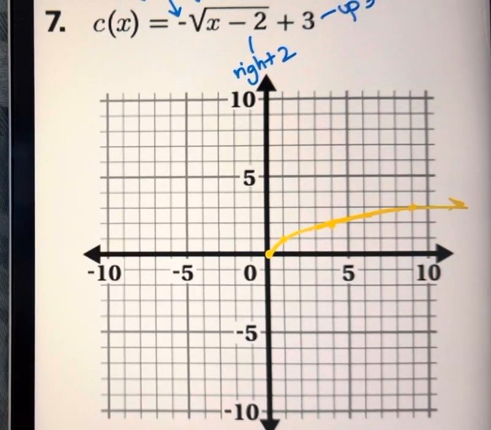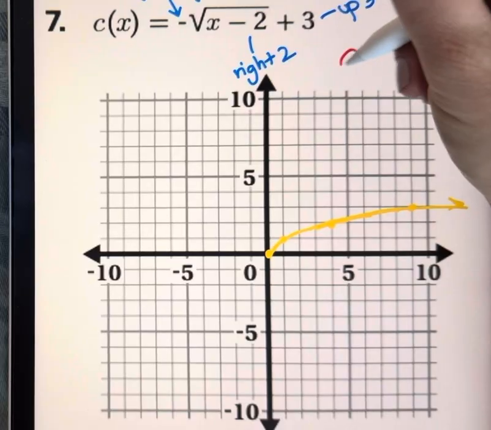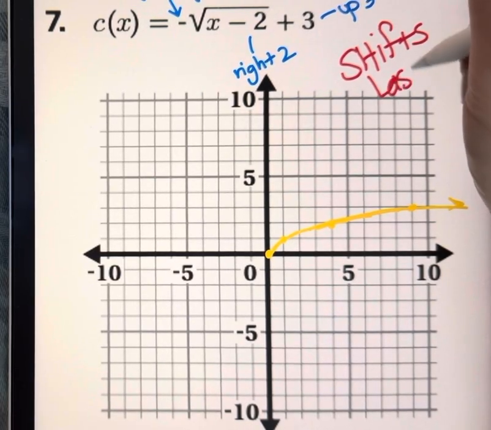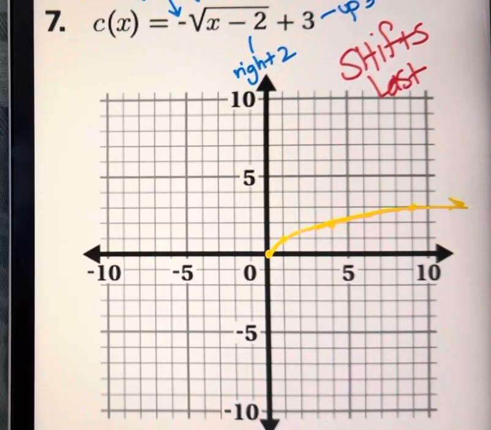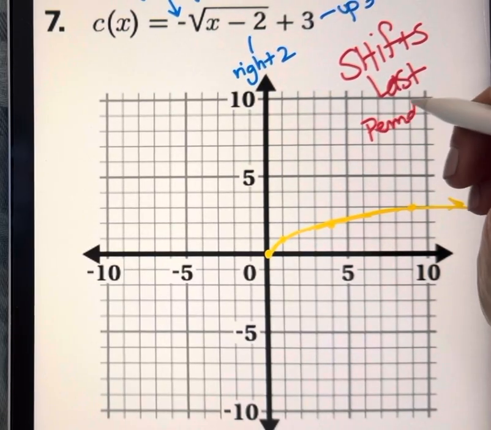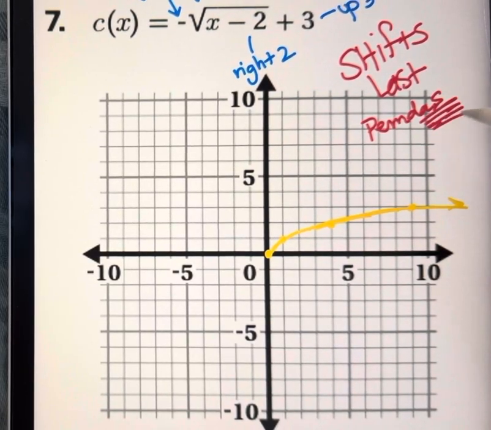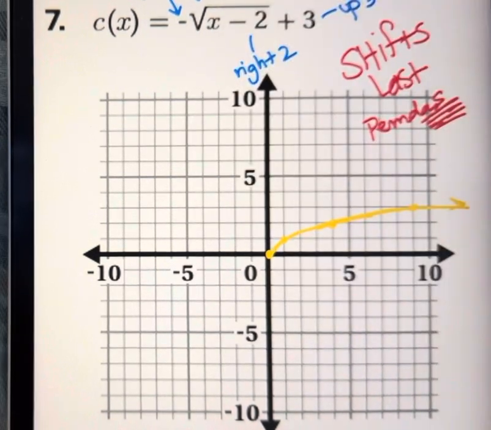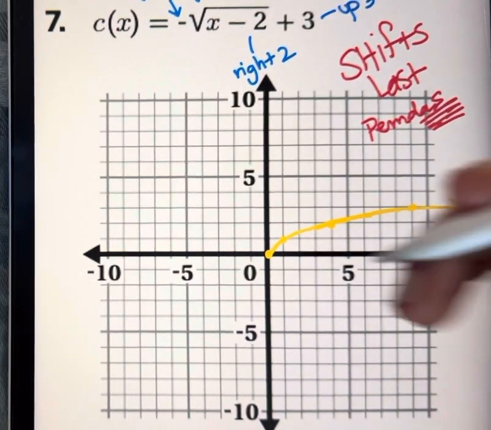Remember that when we do transformations, shifts are last. Please remember that. Shifts last. Shifts are addition and subtraction, and PEMDAS makes them be last, okay? So the first thing you must do is everything else. In this case, just a vertical reflection.